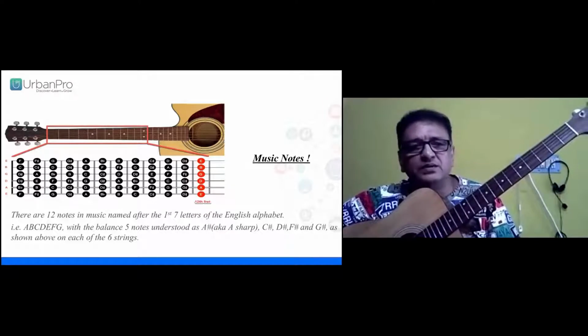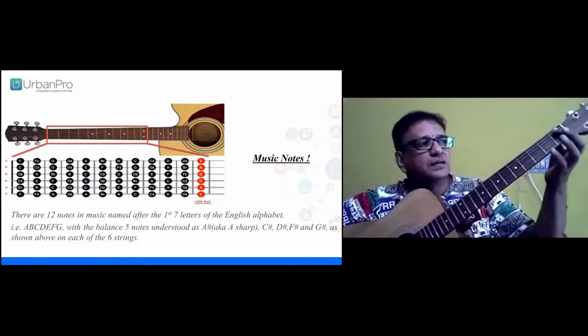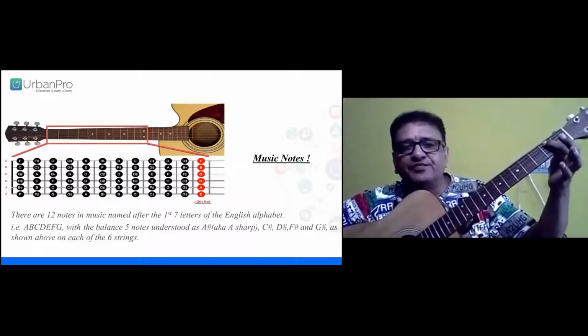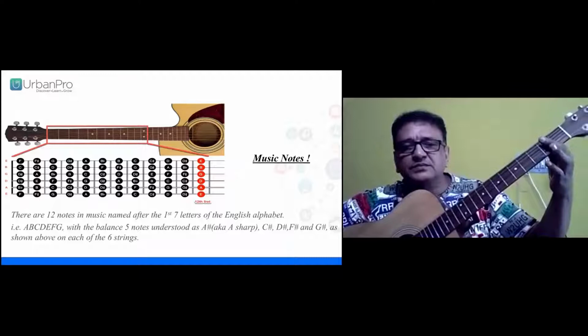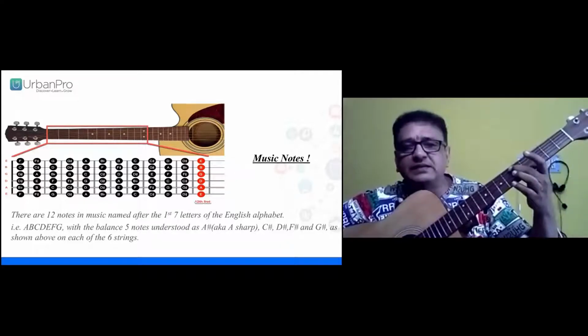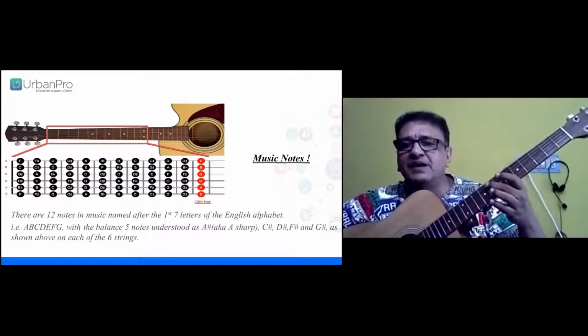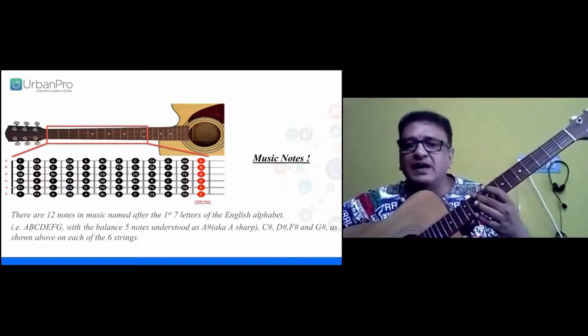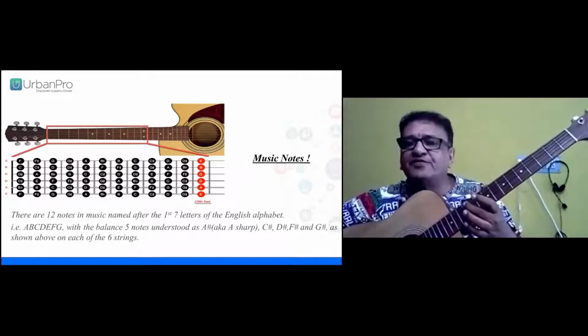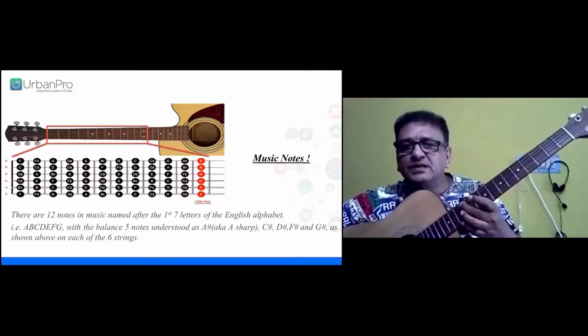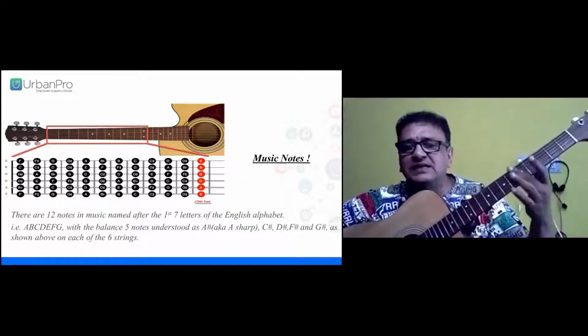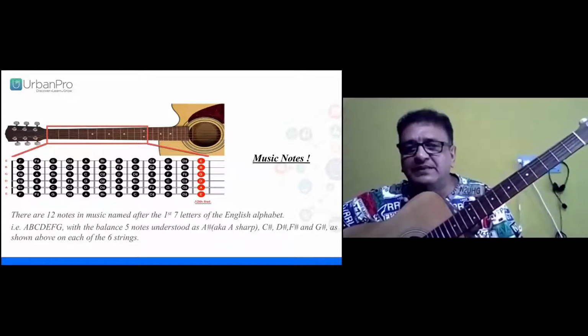That's the open sound. Then the second fret on the A string is B. Then you have C. Then you have a gap and you have D. A gap and E. No gap F. A gap and G. And the 12th fret is A.